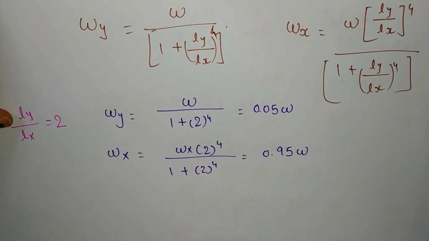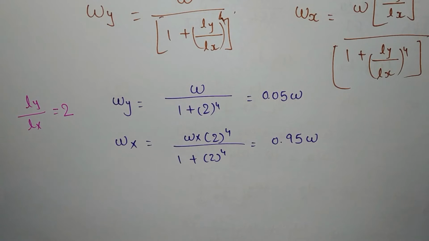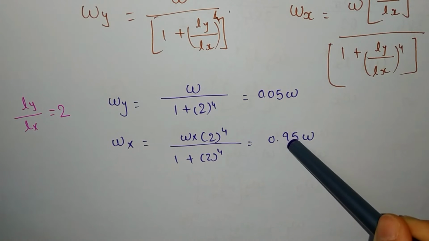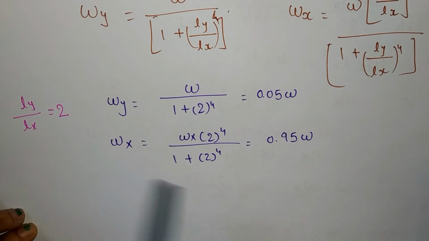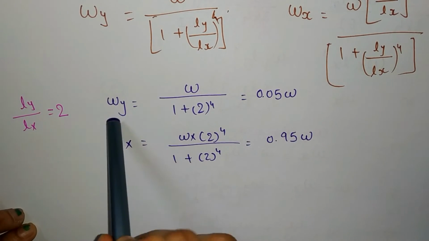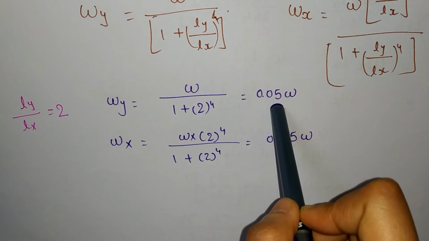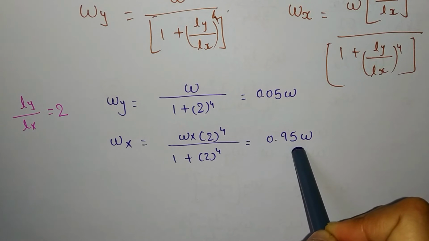As per our rule, if Ly upon Lx is more than or equal to 2, then our slab will be considered as one-way slab. So when Ly upon Lx is 2, the load carried by the Y strip is much lesser than the load carried by the X strip.